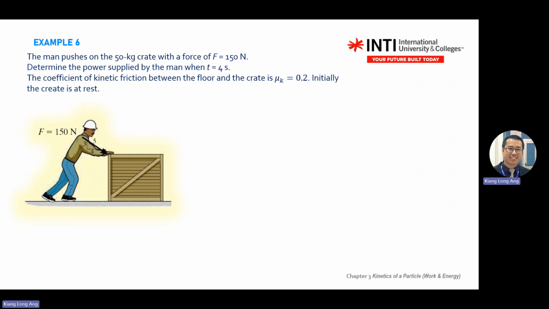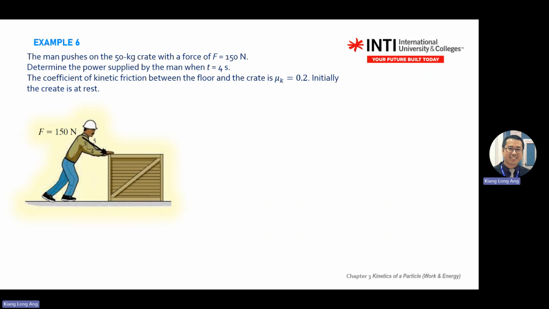So when you see power, it falls under chapter 3. Power is work divided by time. So you need to call out all the equations that we wrote on the whiteboard here. Basically, you convert the info that you know. First you start with a free body diagram.